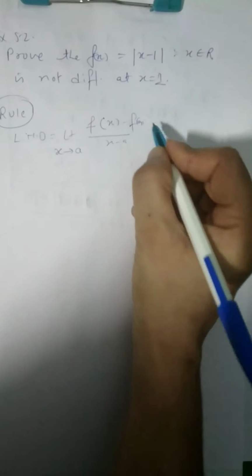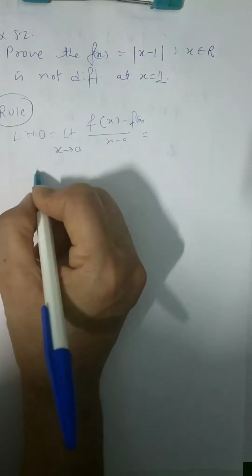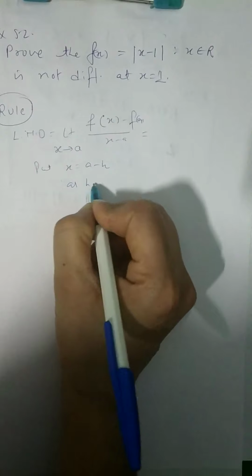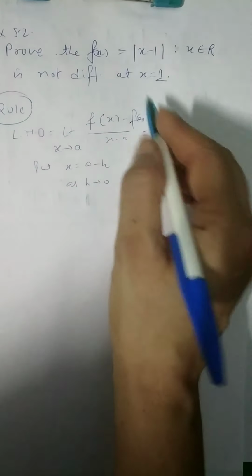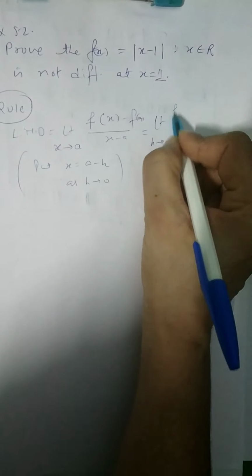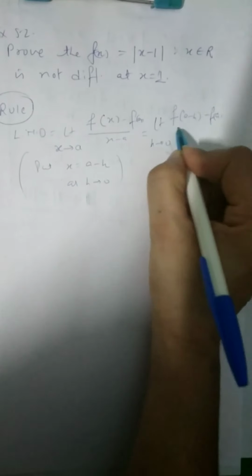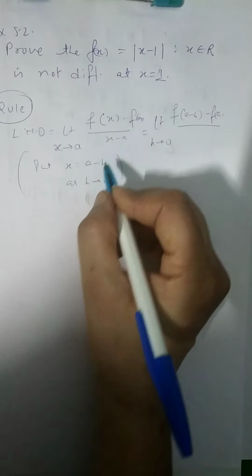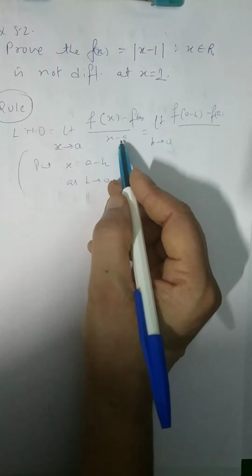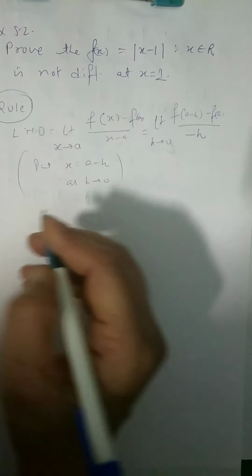In this we put x = a - h as h approaches 0. After putting these values, the derivative becomes limit h tending to 0 of (f(a - h) - f(a)) / (-h), since a - h - a leaves only -h. This is the left hand derivative at a.